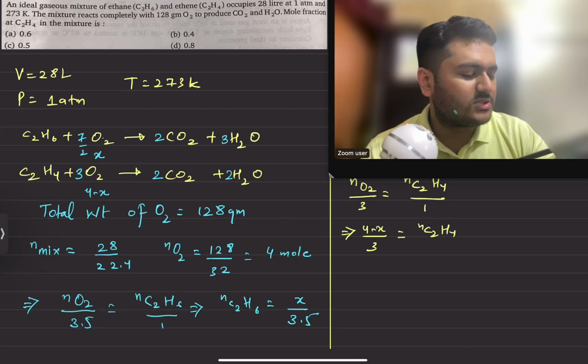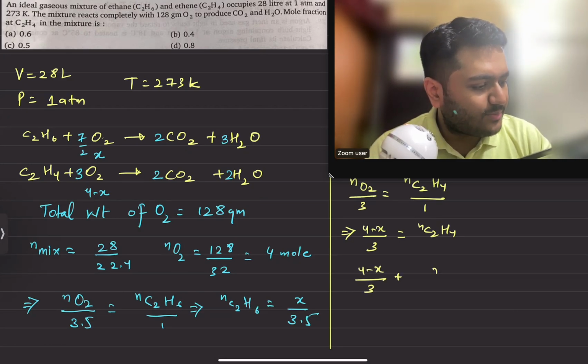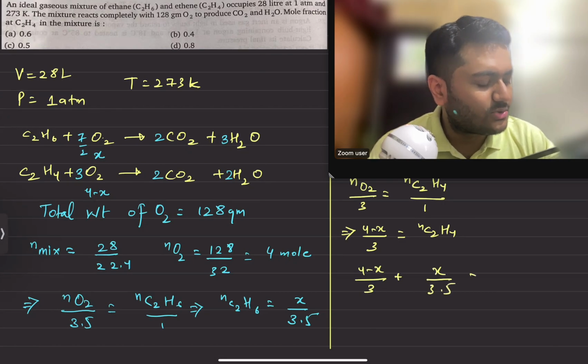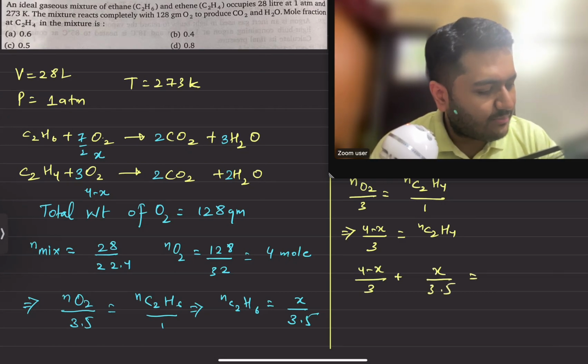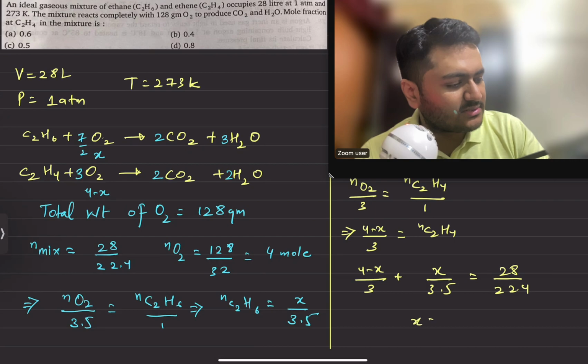The total moles of these two, 4 minus x upon 3 plus x upon 3.5, will be equal to 28 upon 22.4. From this equation you can calculate x.